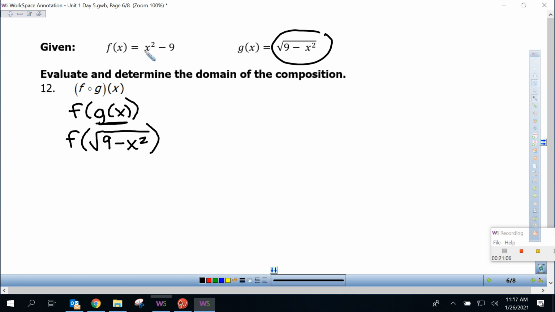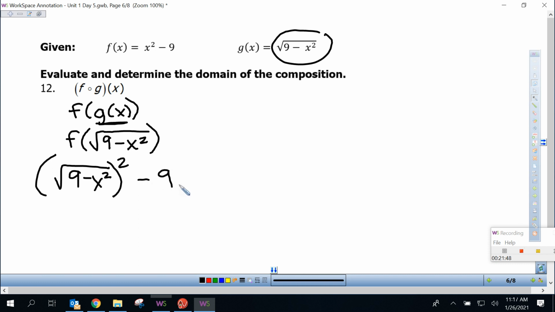So this x right here needs to be replaced with the square root of 9 minus x squared. So replace that x with the square root of 9 minus x squared. And what we are substituting in for x needs to be squared, and then we need to have the minus 9 after that.